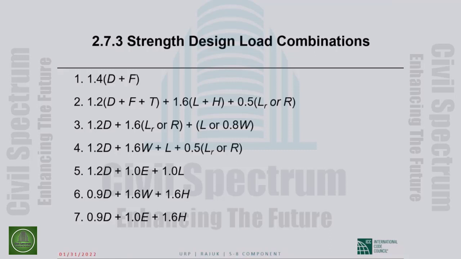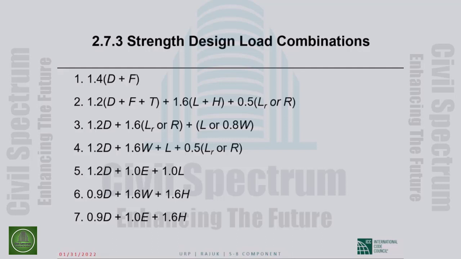If horizontal earth pressure causes bending moments in the same direction as bending moments caused by dead loads or wind, then the load factor on H is 1.6. If horizontal earth pressure causes overturning moment in the same direction as the bending moments caused by dead load or wind, then the load factor on H is 1.6.